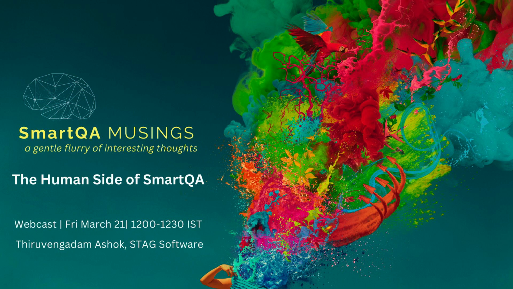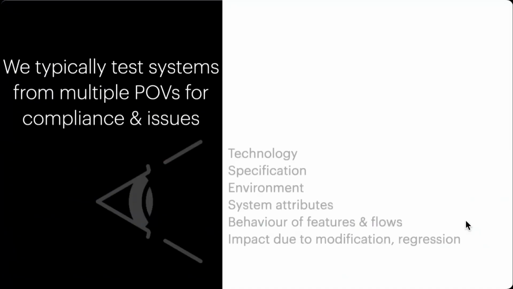We have probably covered various elements across the various webcasts, and today it's about the human side. We typically test systems from multiple points of view, more often for compliance or checking, and of course finding newer issues. So what do we normally look at? How do we test? What are the points of view?